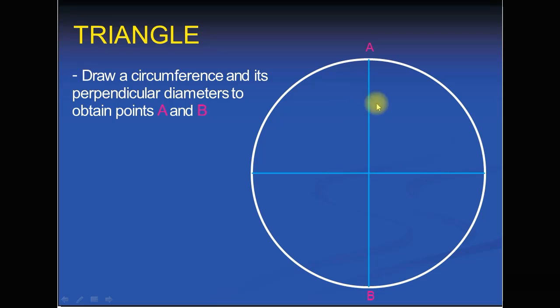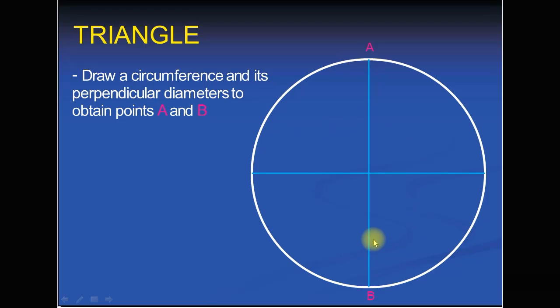This is the first step for drawing each polygon. So if we want to construct the triangle type polygon, then first of all, as I have already told you in the previous slides, draw the circumference. For the circumference use the compass. First locate the center point, then put the compass at this center point, open the compass about some radius and draw this circumference.